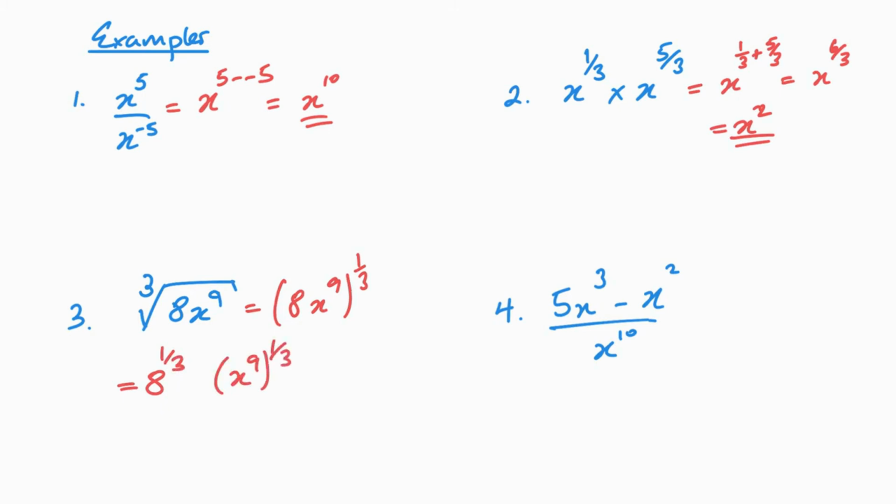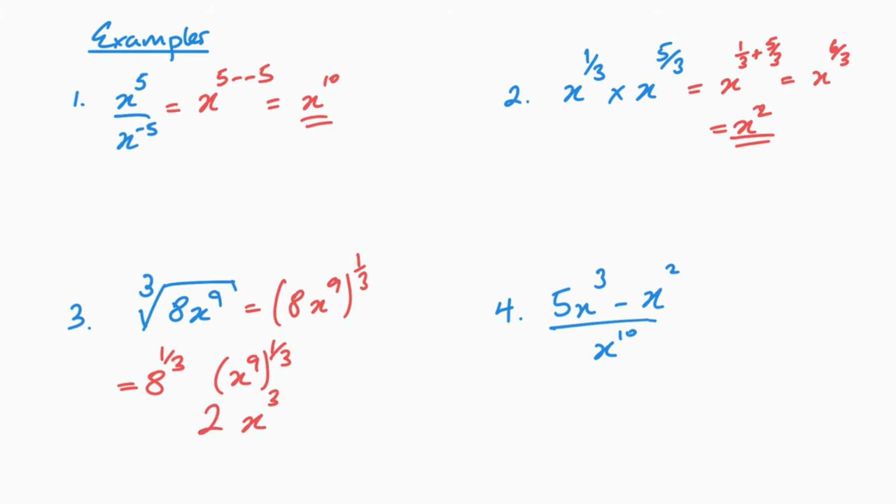Now remember, when you're dealing with this, you're multiplying these powers. So 9 times 1/3 is going to be 3, so that means x to the power 3. And the cube root of this 8 here is going to be 2. So we get 2x cubed.